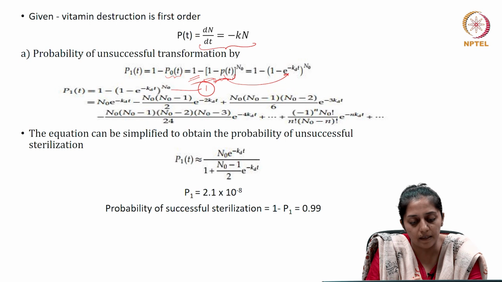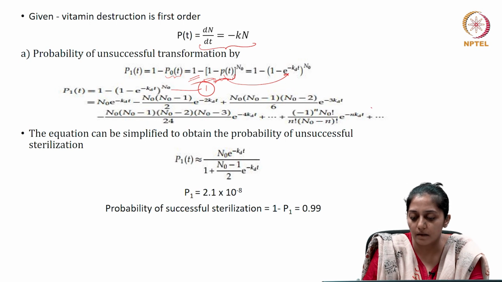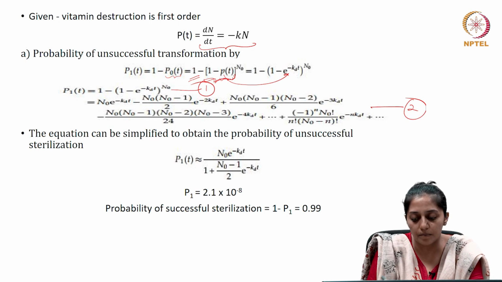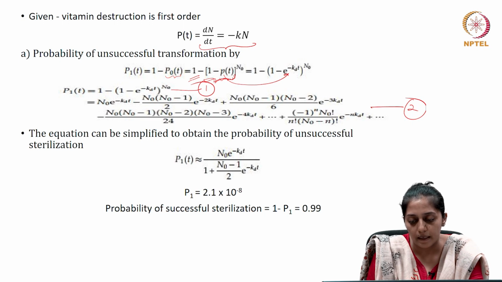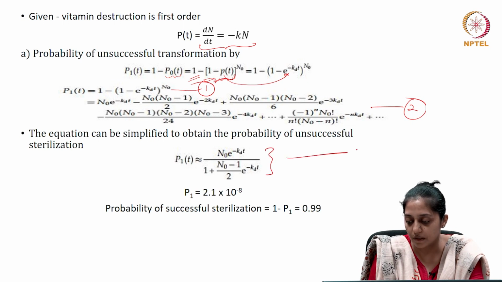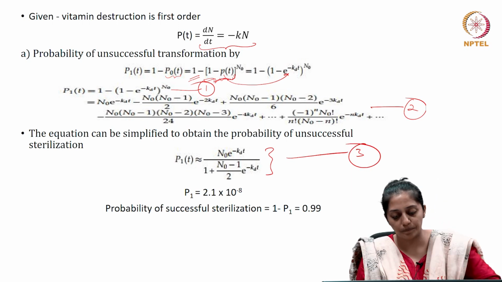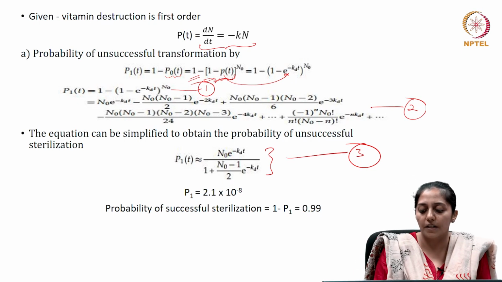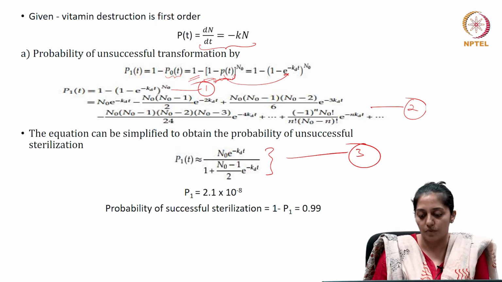So when you expand equation 1, you get equation 2, and then taking the first term constant out common, it can then be an infinite exponential series where the sum can be given as shown here in equation 3.